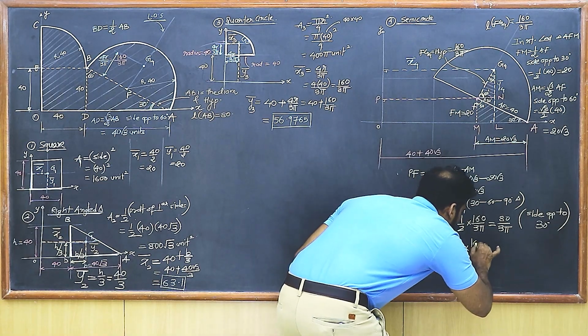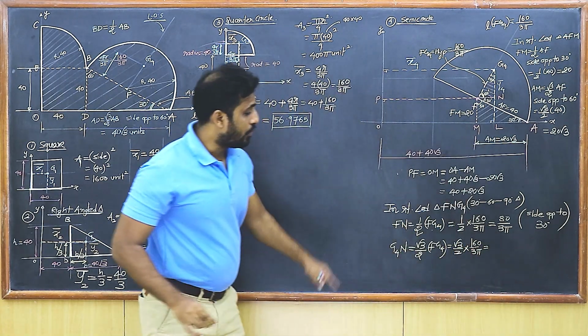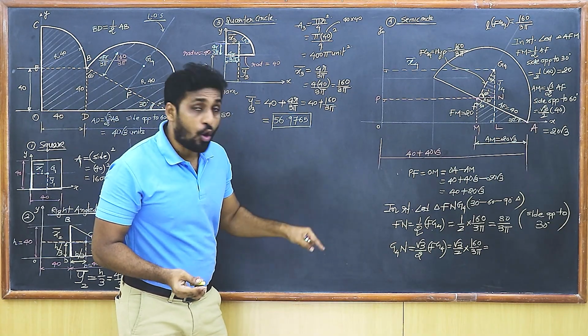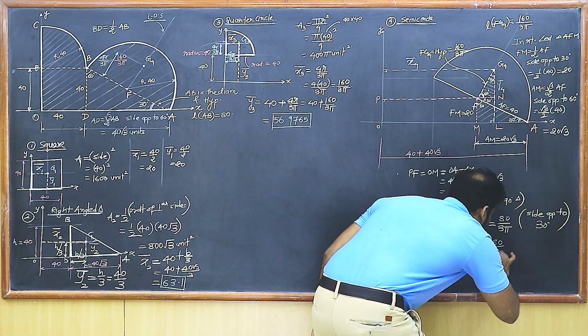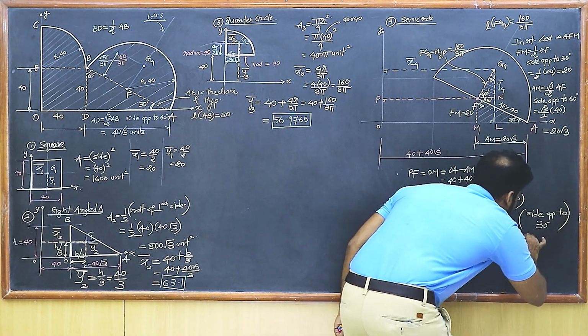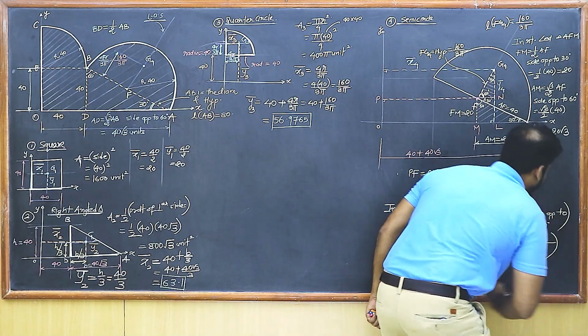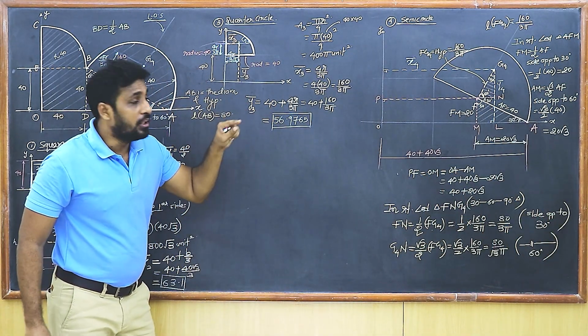So I write here 160 upon 3 pi. So my answer here is going to be 160 and 2 cancels, you get 80, and then root 3 also cancels, you get root 3 in the denominator. So it is 80 upon root 3 pi. You can write the reason over here, side opposite to 60 degrees. So now I have the values of Fn and G4n.